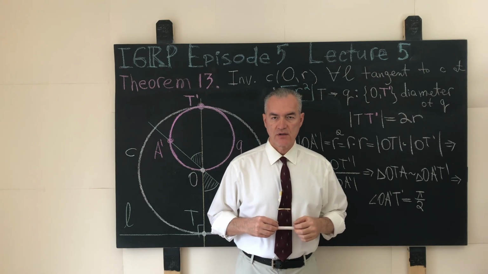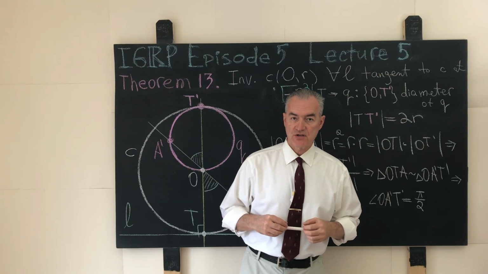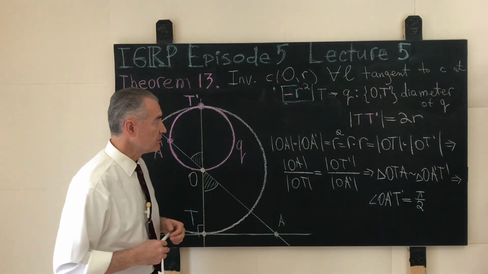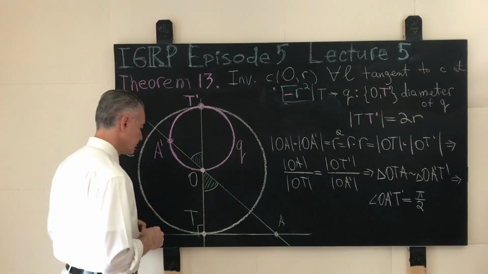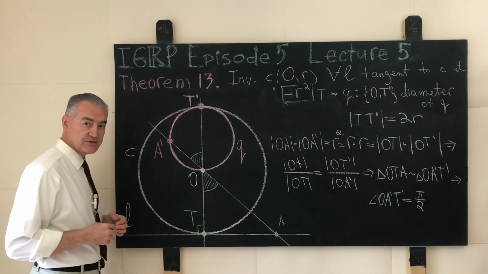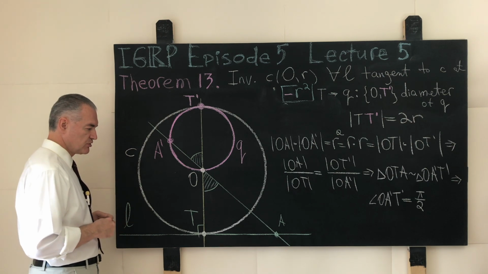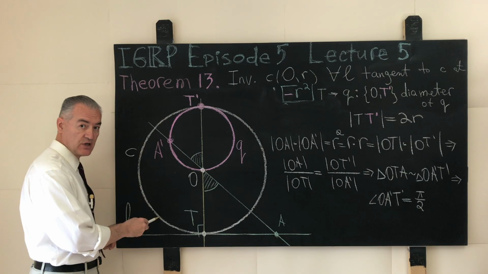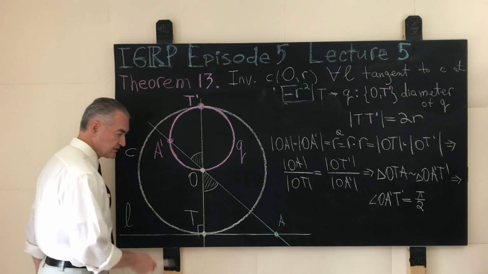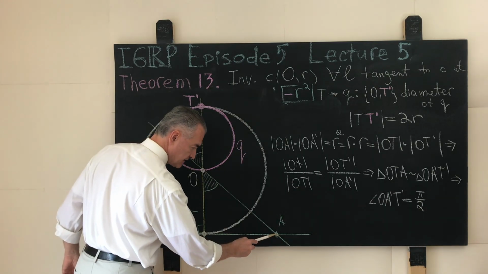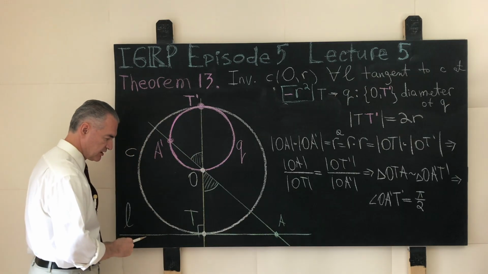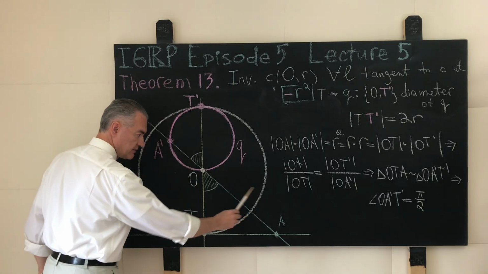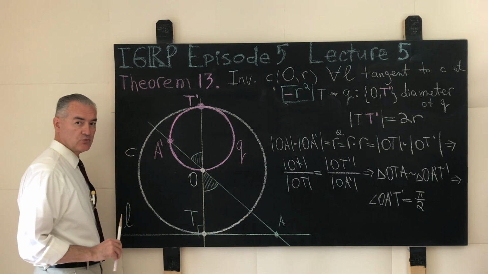Using nothing more than the apparatus of synthetic geometry, a way to generate a proof of theorem number 13 is as follows. Just like in the previous proof, we know that if the straight line L is tangent to the given circle of inversion C, that means that any point A taken at random on that straight line, distinct from the point of tangency between the straight line L and the given circle C, will be located where?